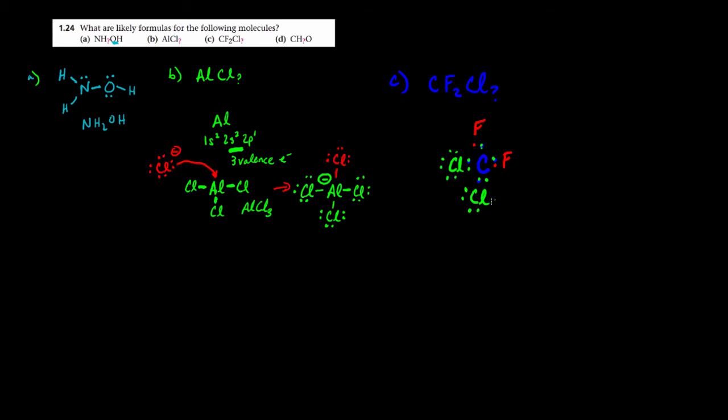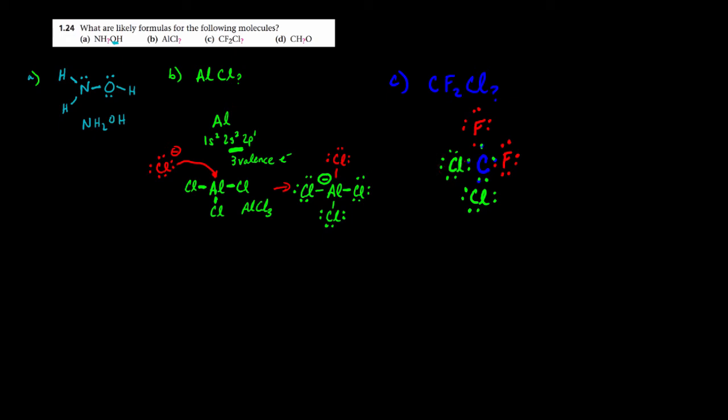And again, since both chlorine and fluorine are halogens, they're in the 7th column of the periodic table. And that means they have 7 valence electrons. And here we go. We have a molecule in which every atom has a full octet.